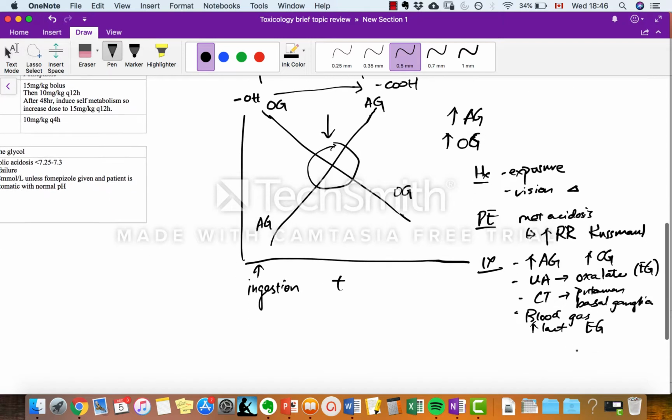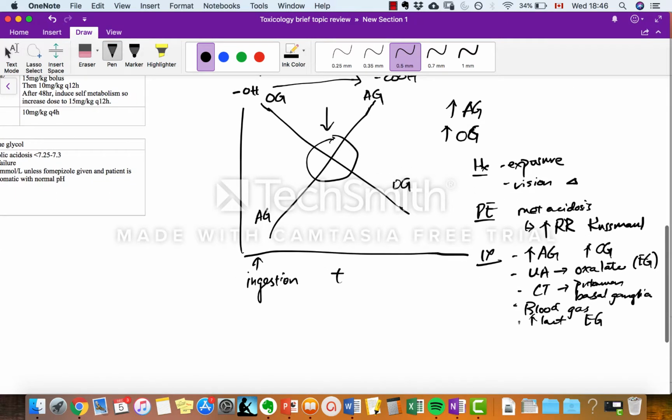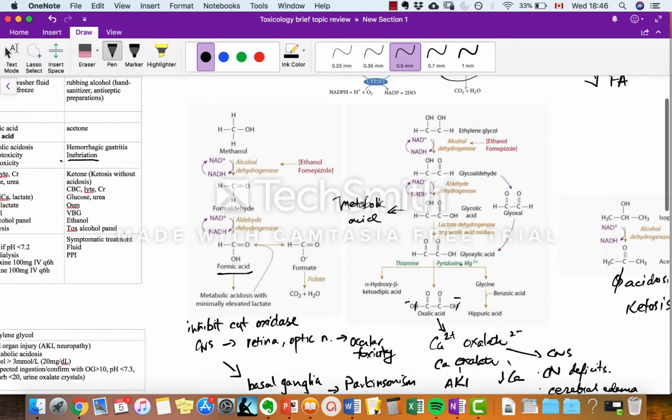You can get a very high lactate, and this is a false elevation of lactate, because if you get a serum lactate, it will be lower, so you get a lactate gap. The reason is that on some blood gas machines, you can mistake ethylene glycol's metabolite, glycolic acid, for lactate. This is glycolic acid, and if you add a carbon here, that's lactate.